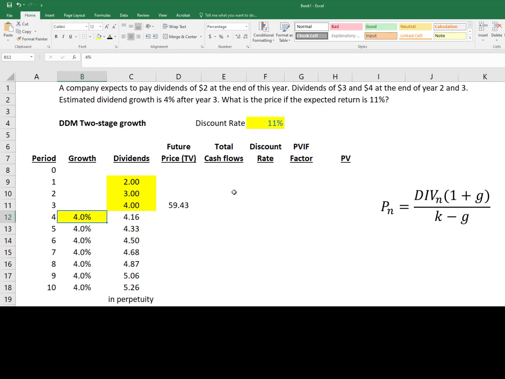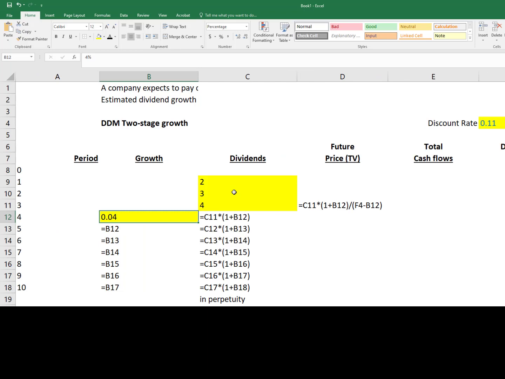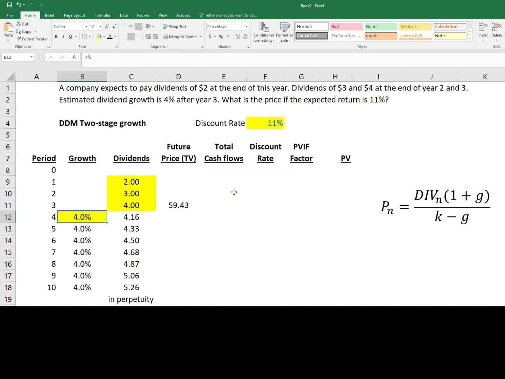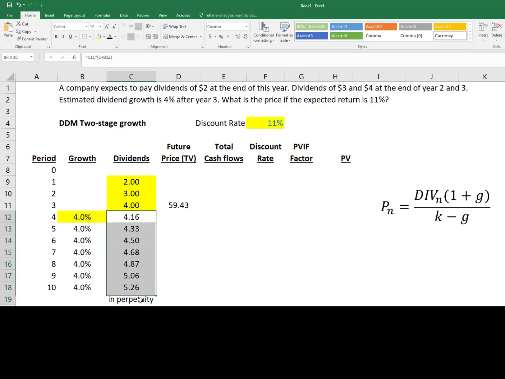If you want to see where the formulas are, you'd use Control tilde, which is on the very top left in my case, and you can see all the formulas as they are shown in this spreadsheet. I'm just toggling between showing the formulas and showing the outputs. So this $59.43 at the end of year 3 actually refers to all the dividends that will be coming in years 4 and onwards.